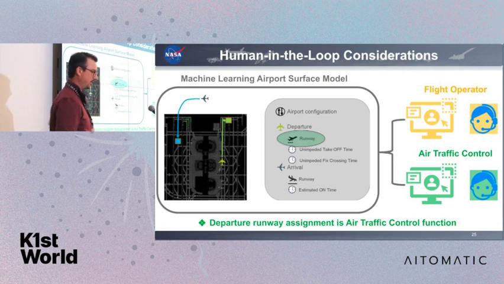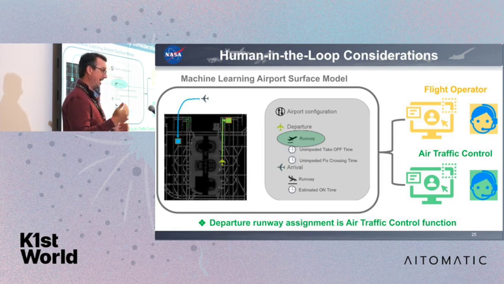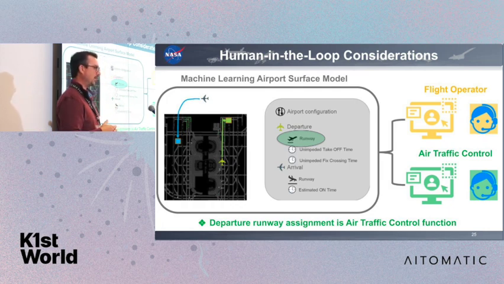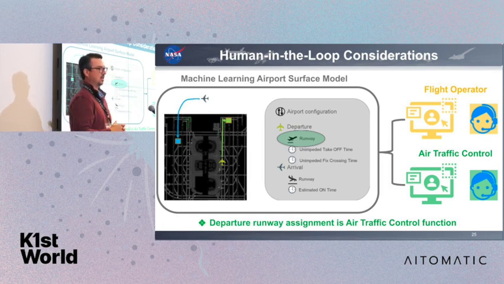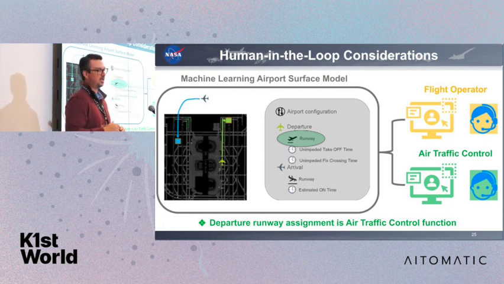And so the problem here is that our machine learning can also predict the runway. It actually can predict it with about the same level of accuracy as the air traffic control assignments. However, it's not appropriate for us to override their mental expectations of how traffic is going to flow. Imagine air traffic control expects some aircraft to take off on the west runway, and our system puts it on the east runway.